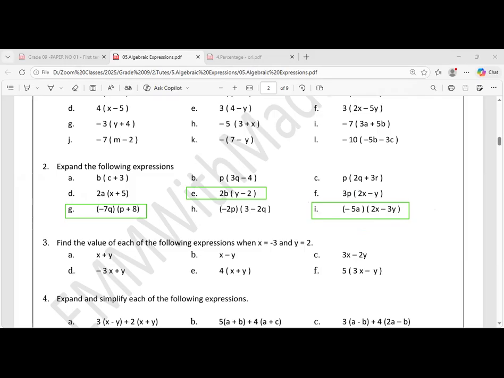I'll give you 1 minute, 1.5 minutes. Don't think too much. First of all, simplify the signs, then numbers, then algebraic terms.